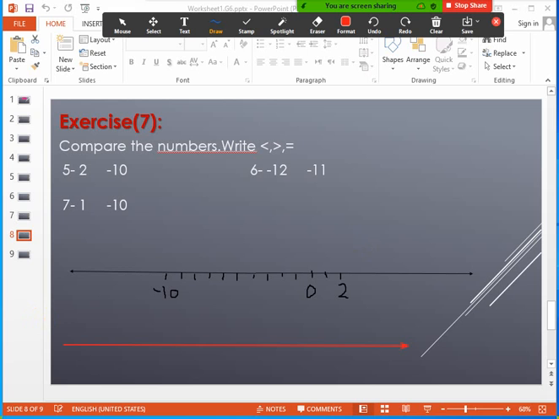Yes, dear. Which one is the greater, 2 or negative 10? 2, very good. 2 is greater than negative 10. Very good. Thank you, Yusra. You want to answer another one? Yes, dear. Ask me.